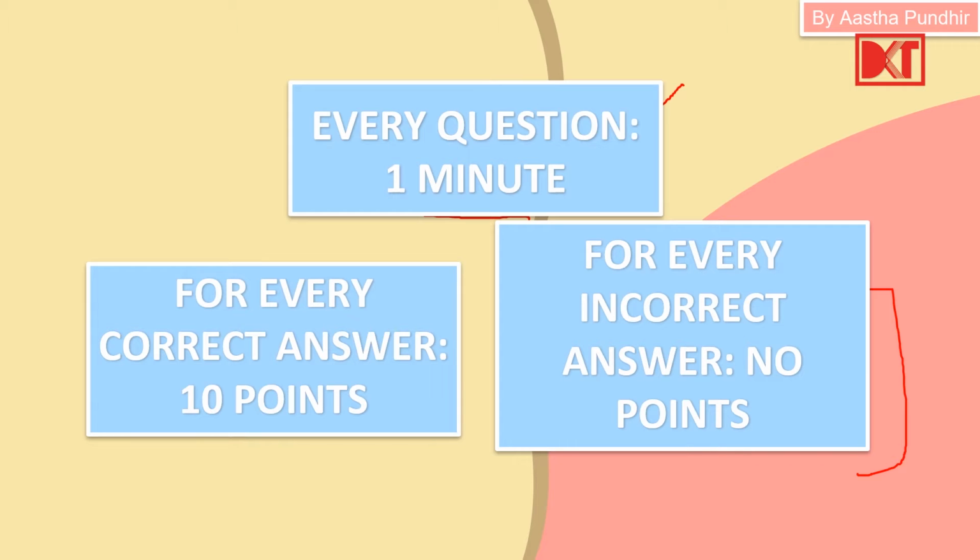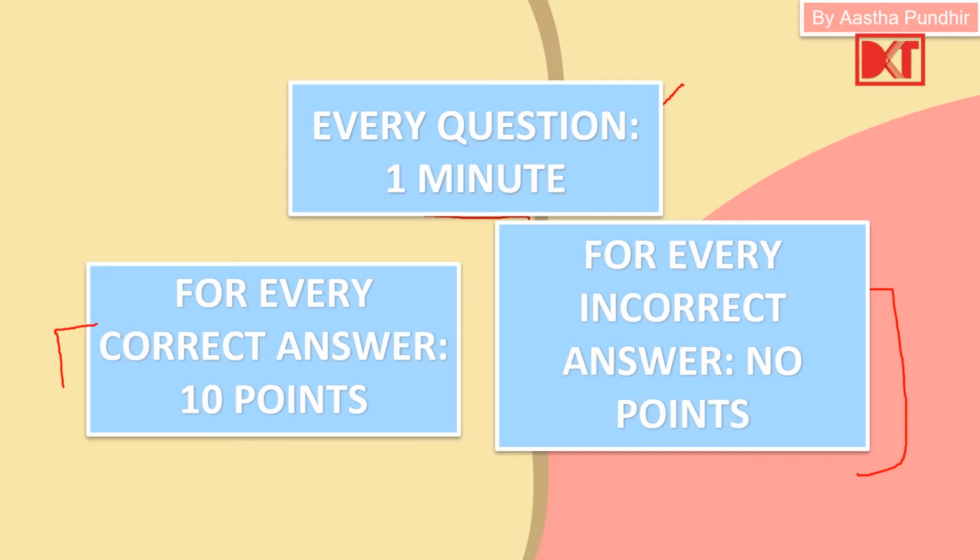Either you will get the marks for that question or you will get a 0, right? But if you don't attempt that question at all, then you are anyway getting a 0. So it is good to attempt those questions, and even if you don't know all the answers, try to understand and take a guess.